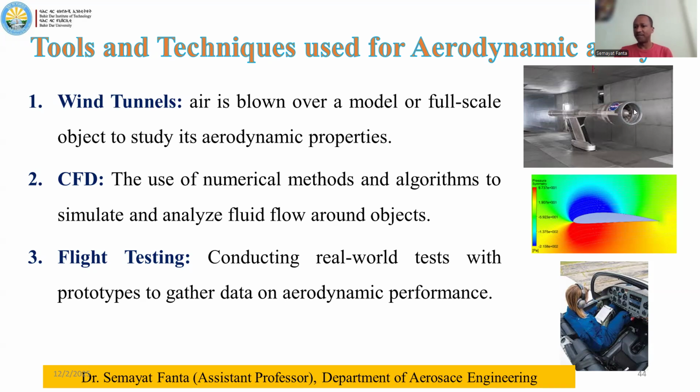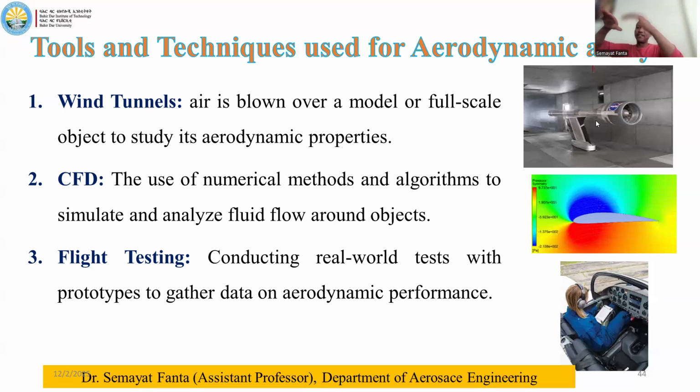Look, this is a model from NASA. This model is placed in the wind tunnel test section, and the air is blown from some point and passes over the object, so the object is stationary and the air is moving. But in actual aerodynamics, the aircraft is moving, but the air is stationary.